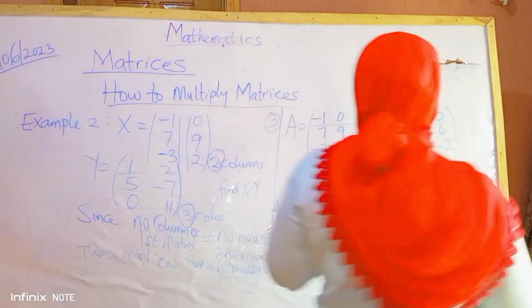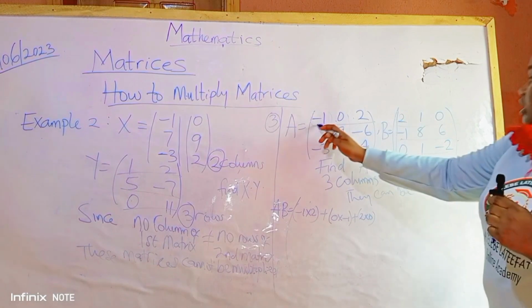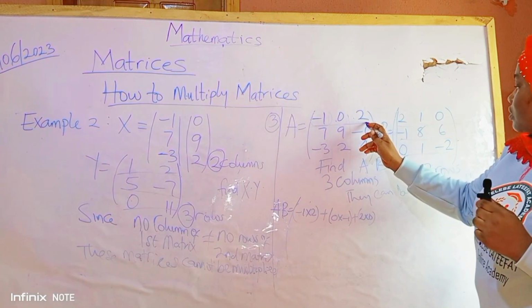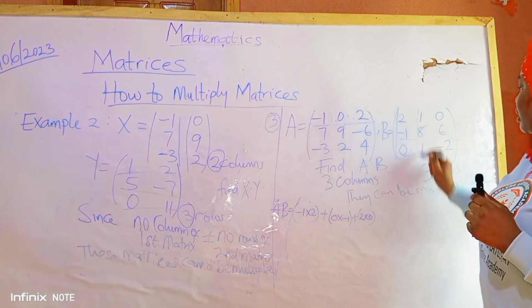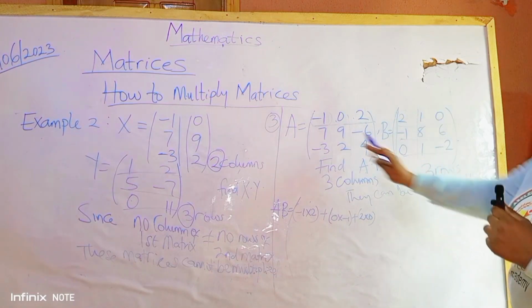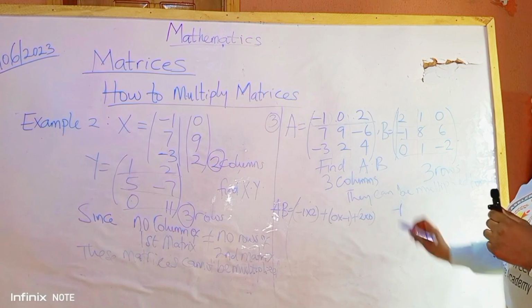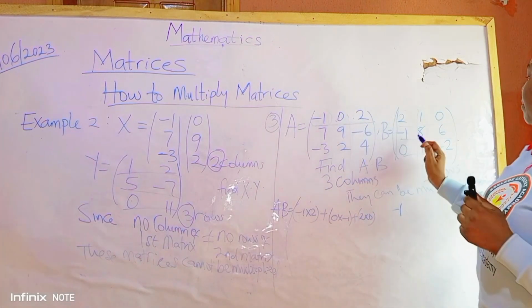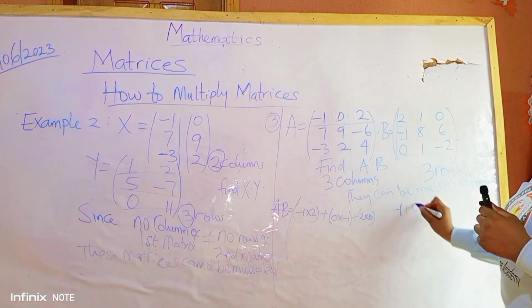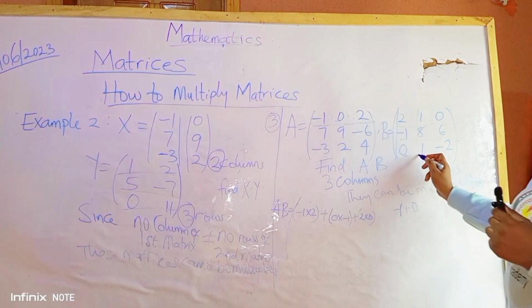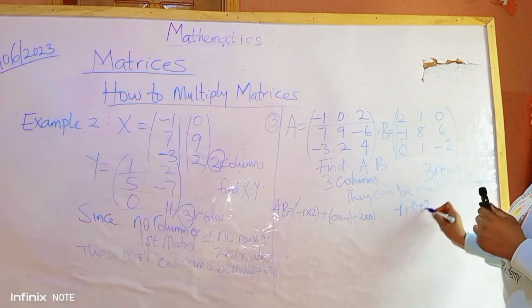That's the first element. So we are still on the first row of the first matrix. So multiply it by the second column. So we have minus 1 multiplied by 1. That is minus 1. Without wasting our time, 0 multiplied by 8 plus 0. 2 multiplied by 1 plus 2.